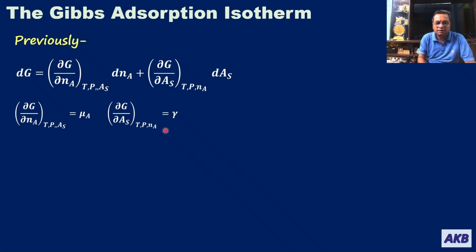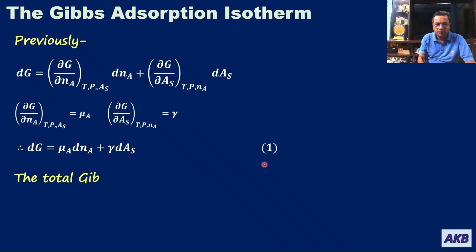So the next step I will be replacing those differentials with mu A and gamma. Therefore I will get dG is equal to mu A into dNa plus gamma into dAs, and I am calling it equation number 1.